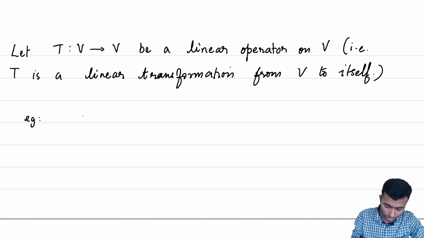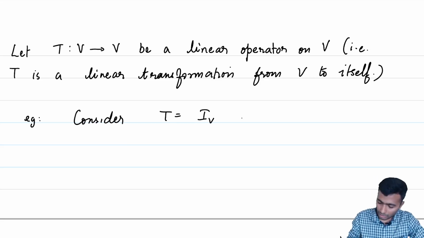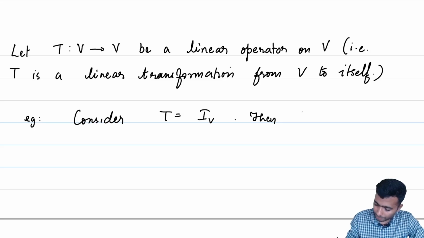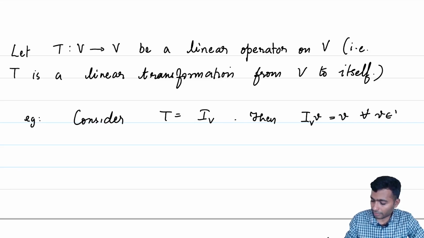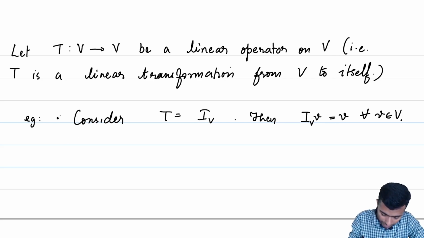So, for example, consider T equal to the identity map of V, then I_V of v is equal to v for all v in V. The next simple example will be a multiple, lambda I_V.